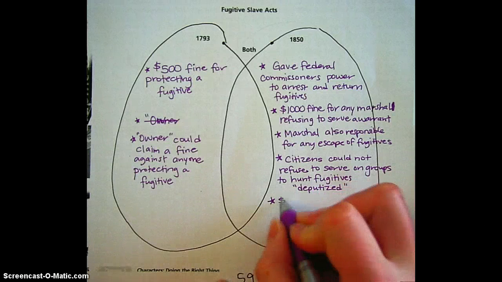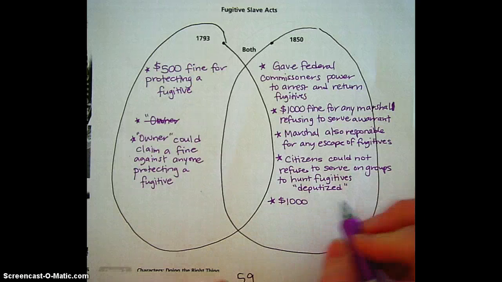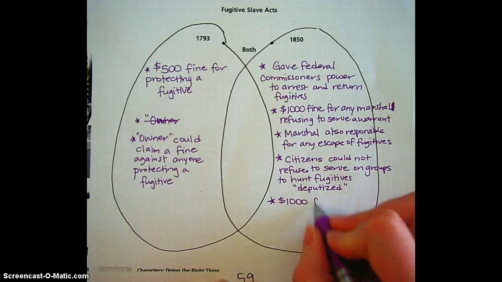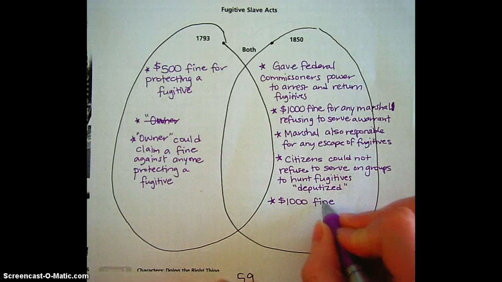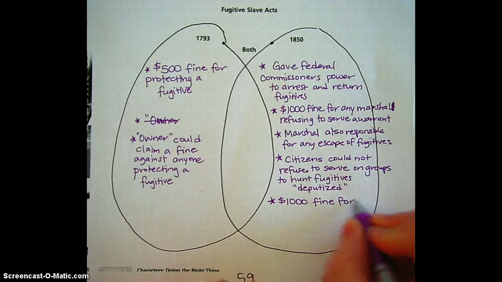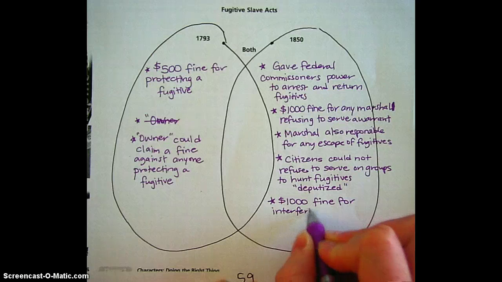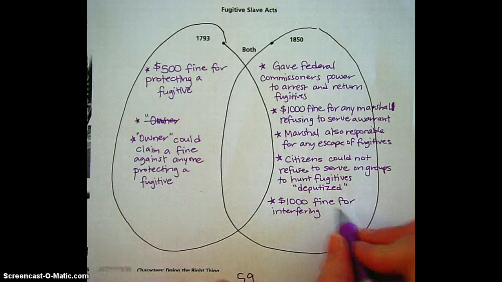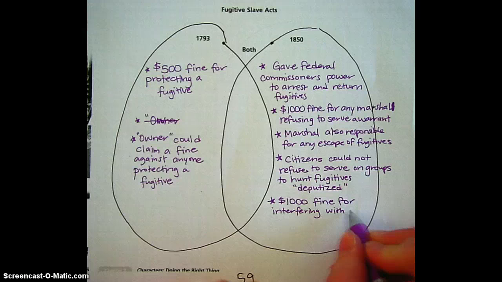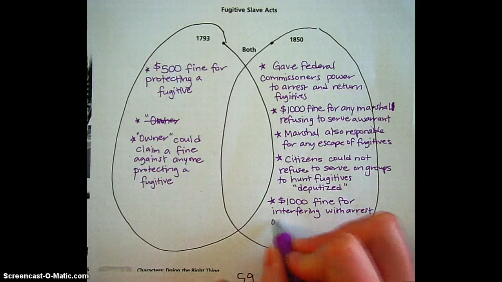Also, we have two more here. $1,000 fine for interfering with any arrest of a fugitive.